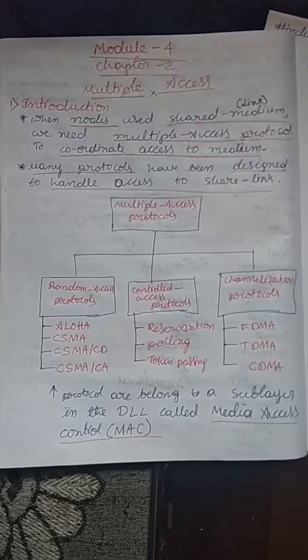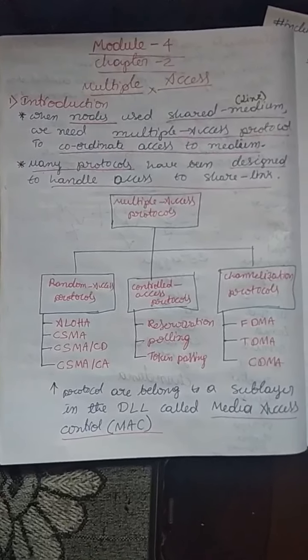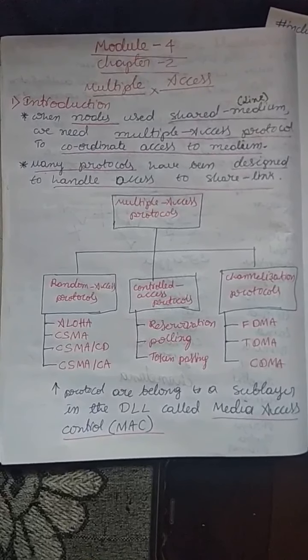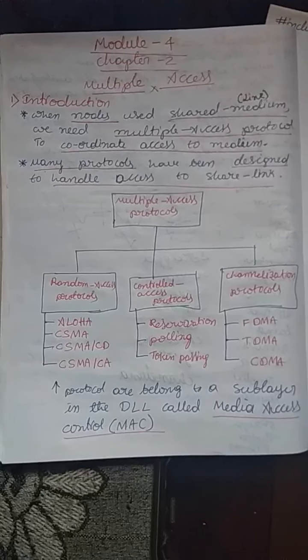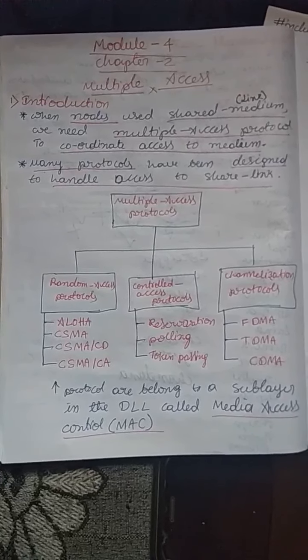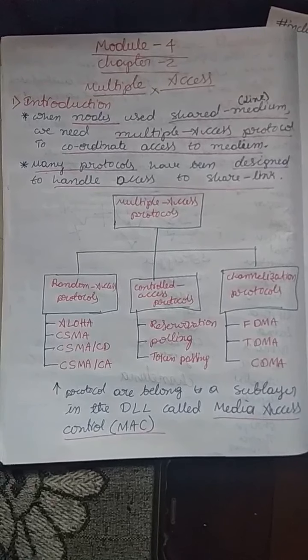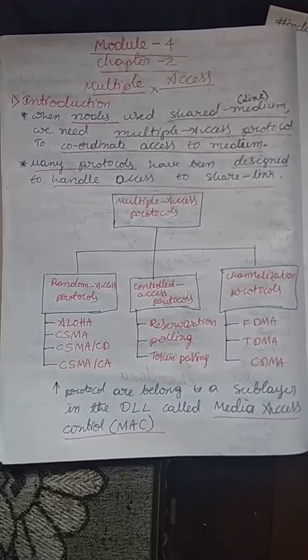Under random access protocol there are four types. One is ALOHA. Next, CSMA, carrier sense multiple access.